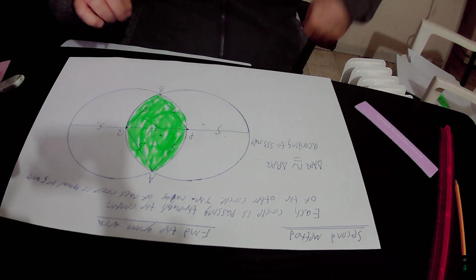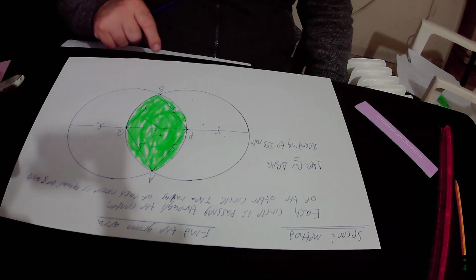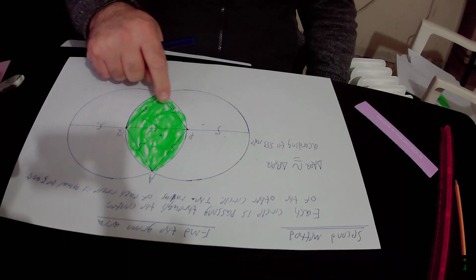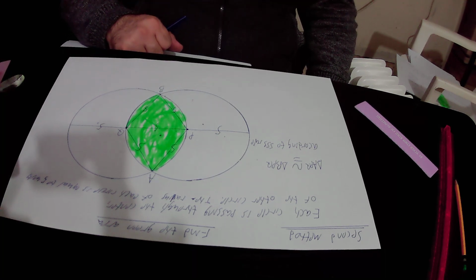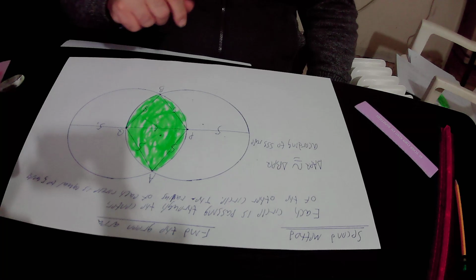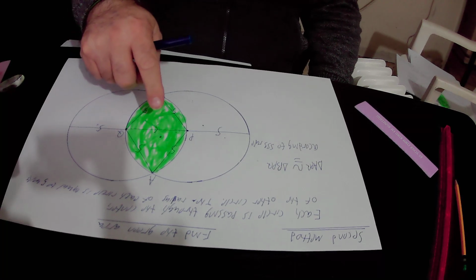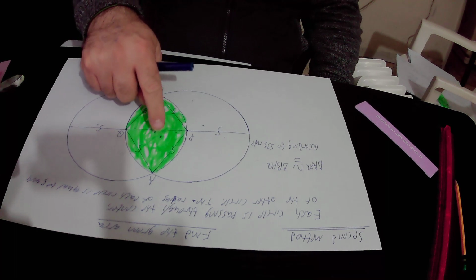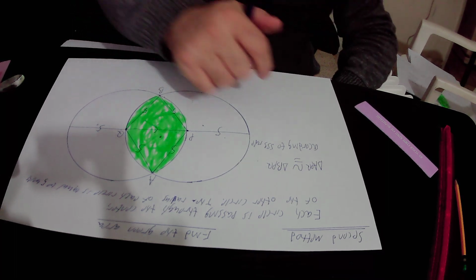I'll repeat again. Those two triangles are congruent to each other according to the SSS rule. All of their sides are equal to 5 units. And from the fact that those two triangles are congruent, we conclude that the area of the equilateral triangle APQ is equal to the area of the equilateral triangle PBQ.